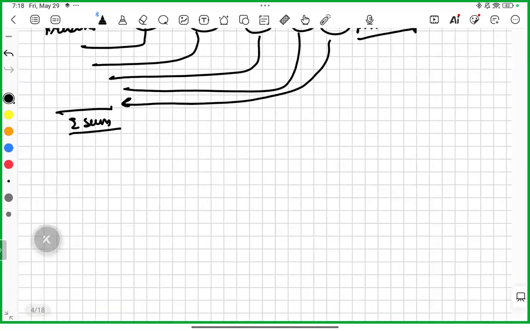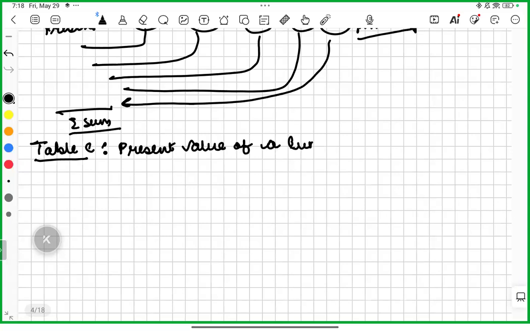Now for this you require two tables. One is table C from the PDF attached. If you see the title of table C, it is present value of a lump sum of rupee 1. Lump sum means one single amount, right?